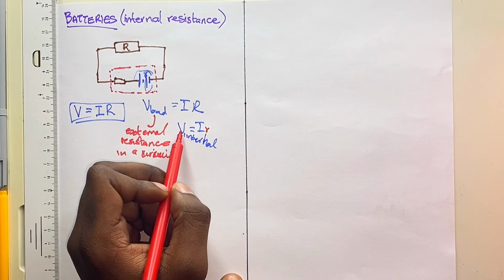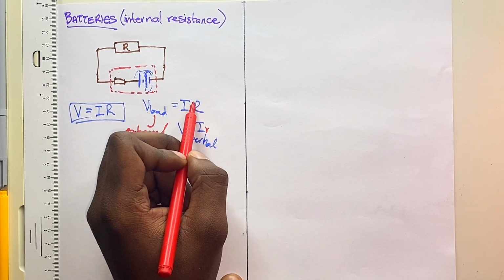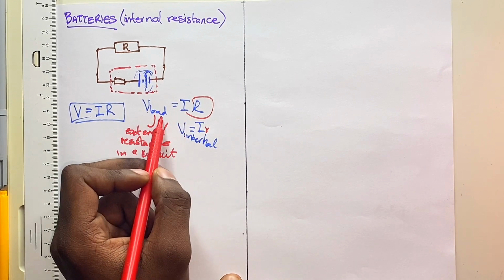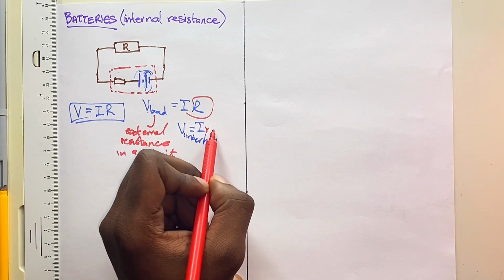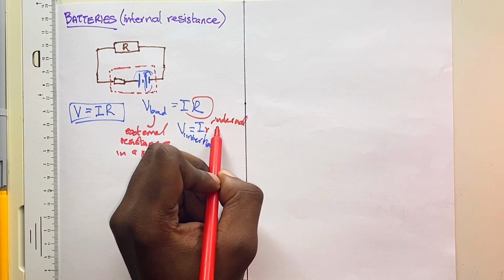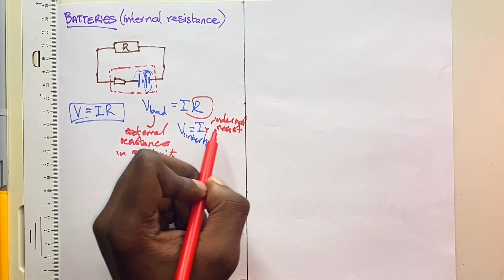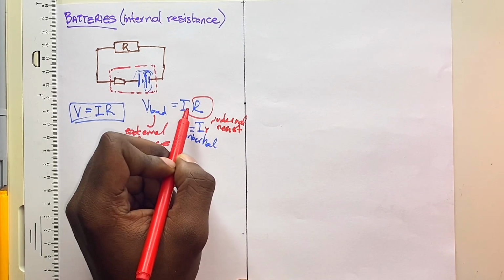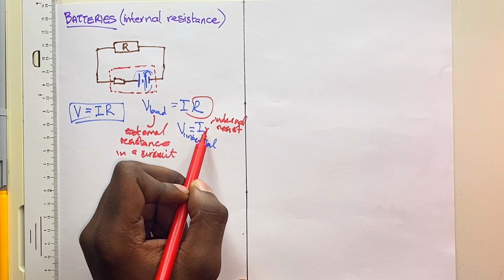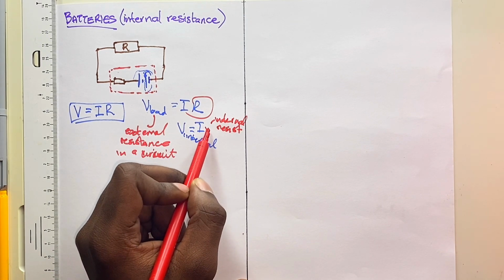We still use Ohm's law, but instead of using the external resistance, which gives us the V load, we will use the internal resistance. And this internal resistance, we will denote using a small r instead of a capital R. A capital R is external and the small r means internal resistance.